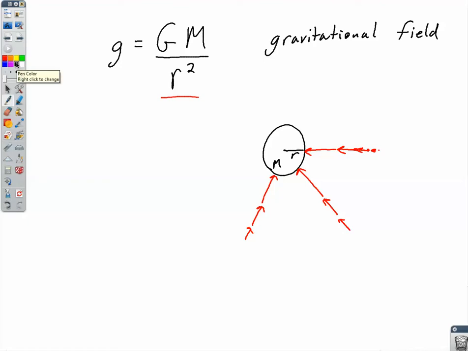What the gravitational field tells us is, if we've got an object right here, what the acceleration due to gravity on that object would be, regardless of the object's mass. So this is a very general equation. The mass of the object doesn't matter. All that matters is the mass of the planet that it's attracted to and the distance that it is away. So the gravitational field equation is very important.